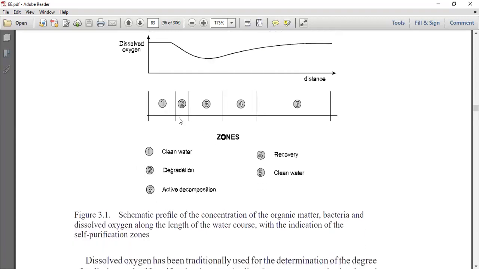The first is clean water, the second is degradation, the third is active decomposition. In the active decomposition phase, the dissolved oxygen is the least, and then in the recovery phase, the level of dissolved oxygen increases to a much higher stage.